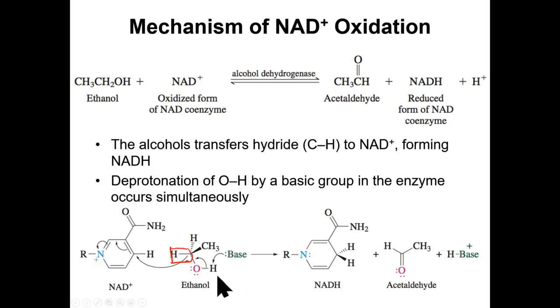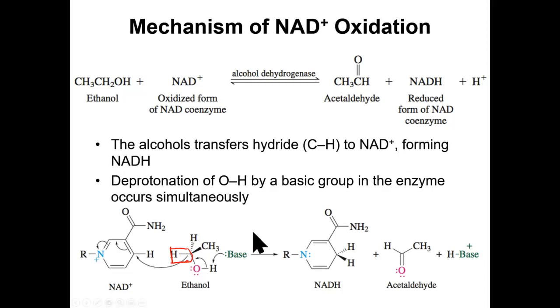So basically the base steals the proton away, then the pair of electrons in the hydroxy group comes to between carbon and oxygen, becoming the pi component, and then the hydride serves as a leaving group and leaves the molecule.